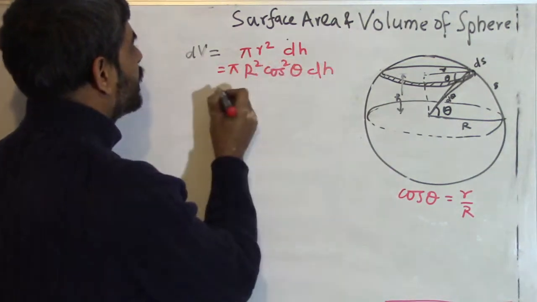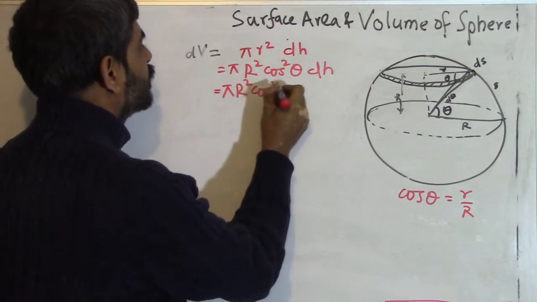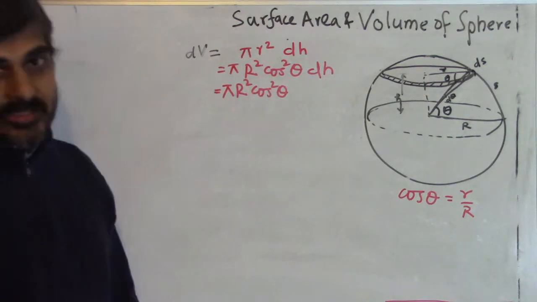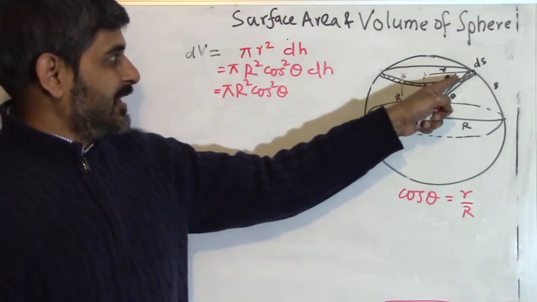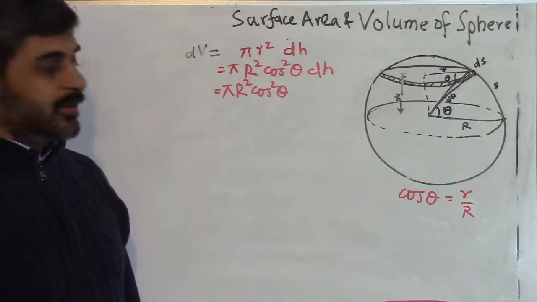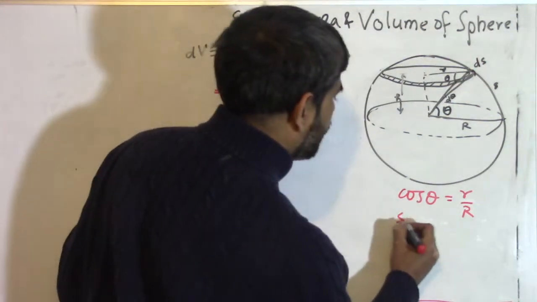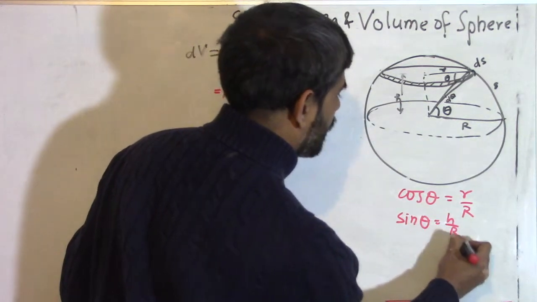We are doing one thing at a time. Equal to pi r square cos square theta. How about dh? How do we find dh? For that we have this equation: sin theta is equal to h upon capital R, the radius of this sphere.